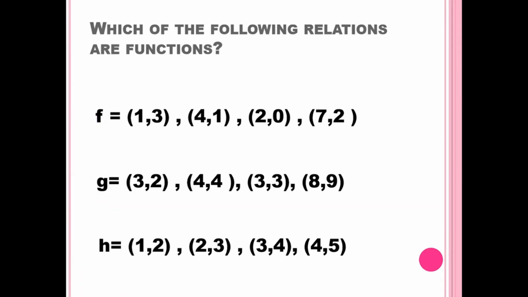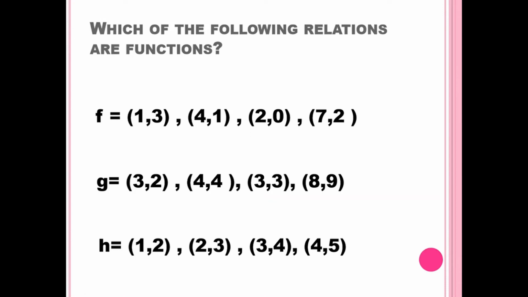Relation G, the second set. We have here 3 and 2 being paired, 4 and 4, 3 and 3, and 8 and 9. Notice that the 3 in the domain and the 3 here is being used twice.